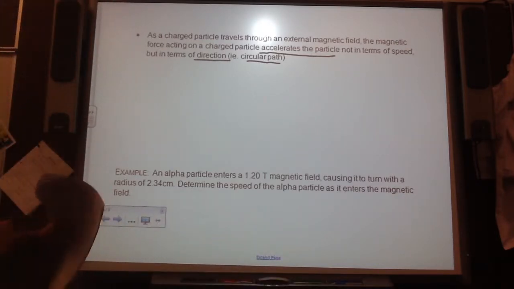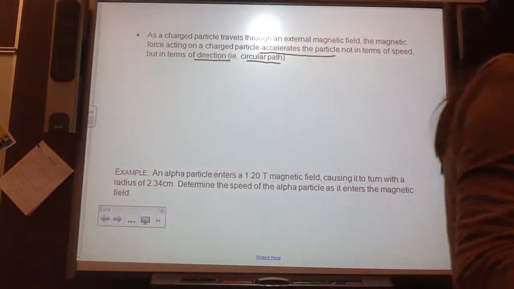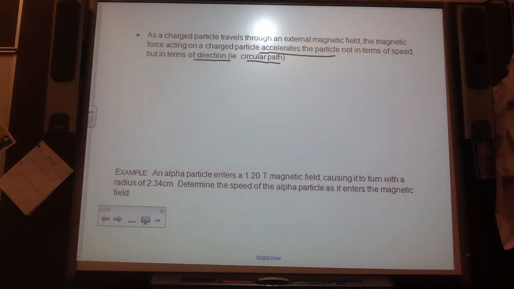So what can we assume for these questions, if we're given information about circular motion? What is causing this circular motion for these particles? The charged particle travels through an external magnetic field. The magnetic force acting on the charged particle accelerates it.